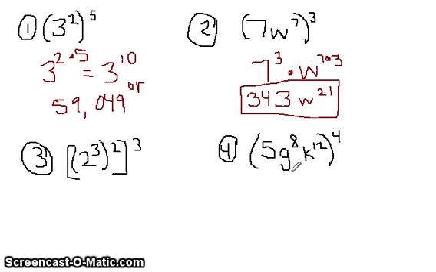Let's take a look at what happens when we have a power of a product. So we want to find the power of each factor and then multiply them. So in this case, I have 2 to the 3rd, to the 2nd, to the 3rd again.